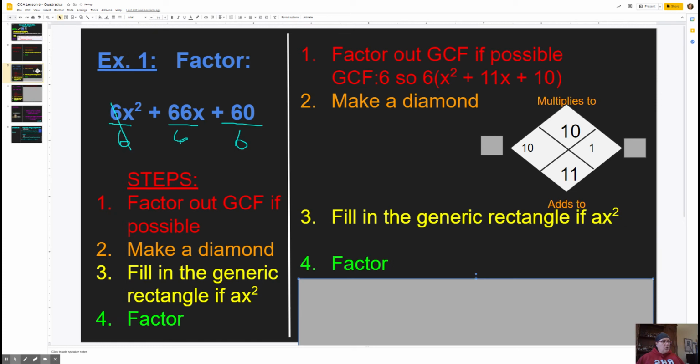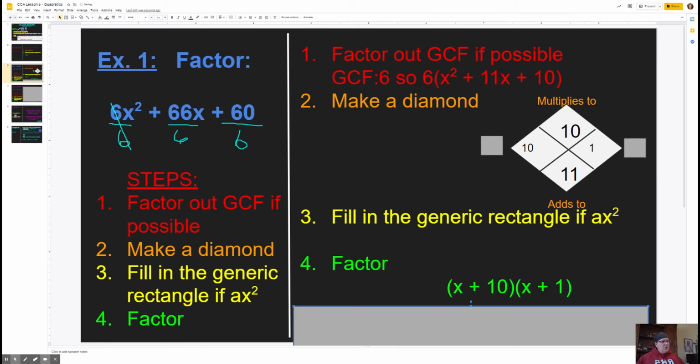We're only going to do the generic rectangle if there is still a number in front of that x squared. So because it's an imaginary 1, then we can just write our factors as x plus 10, x plus 1. And then also, just as a reminder, you can switch the order of where the 10 and the 1 are, because multiplication is commutative, okay?